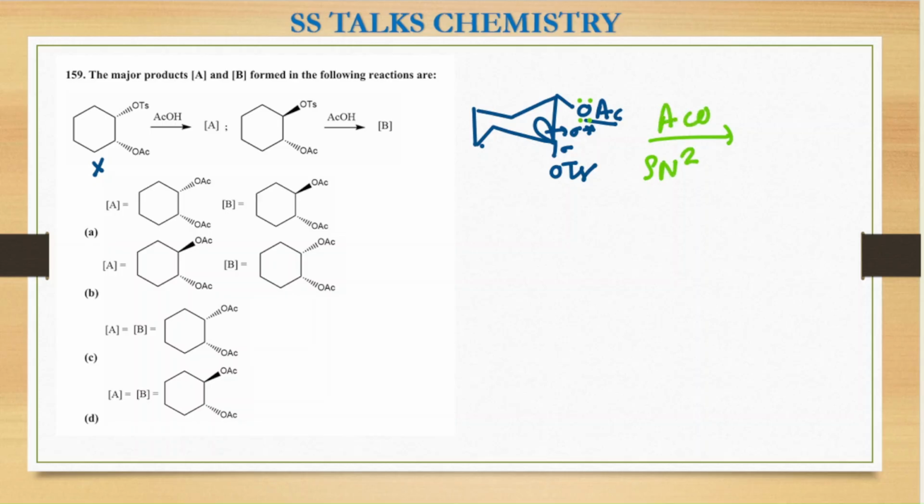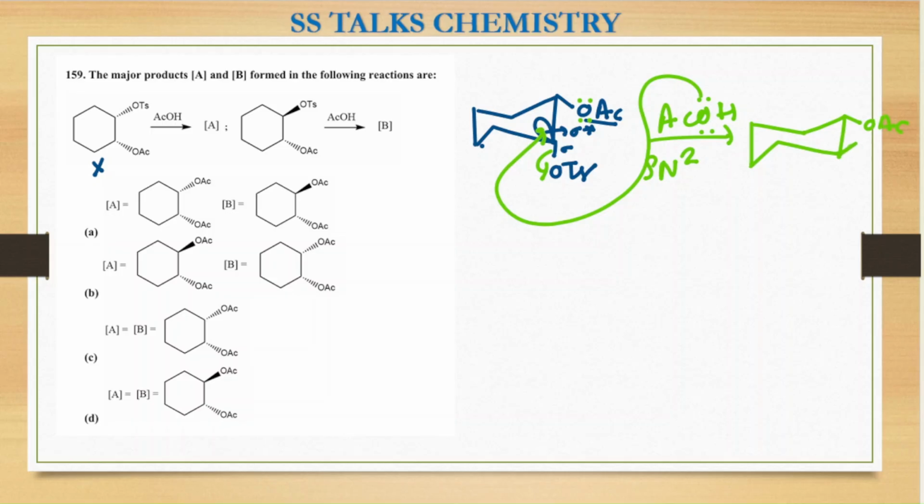That is your ACOH species, that is your acetic acid, that will be attacking using its oxygen atom bearing the lone pair. It will be attacking over here and this OTS group is going to leave. So since a direct SN2 reaction is taking place, this species you will be getting. Here in the downward direction OAC is present.